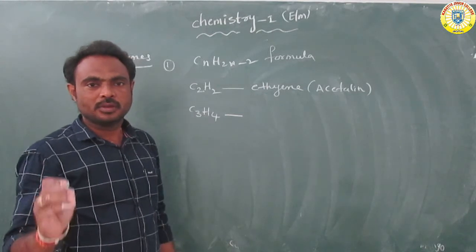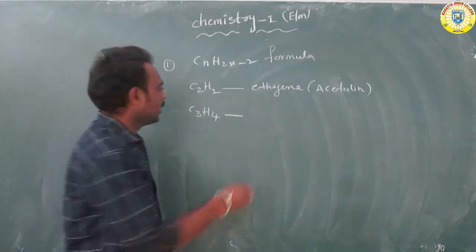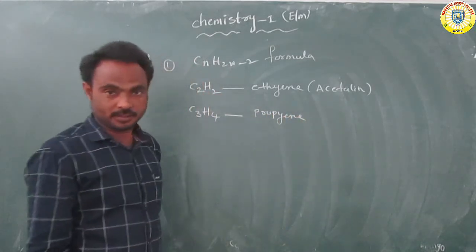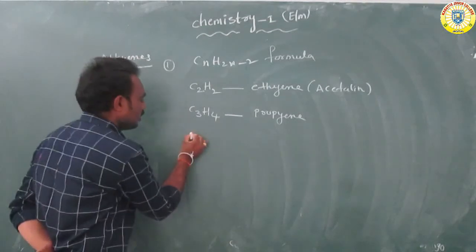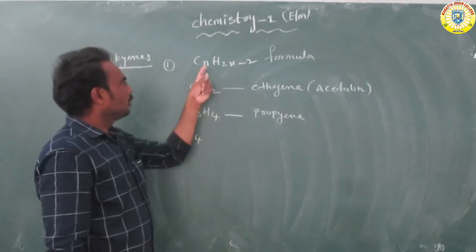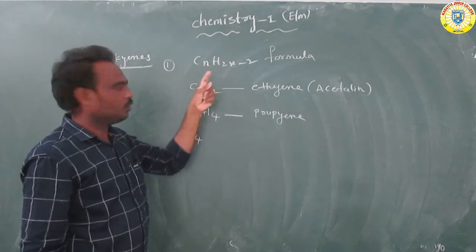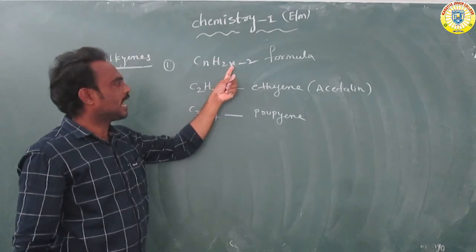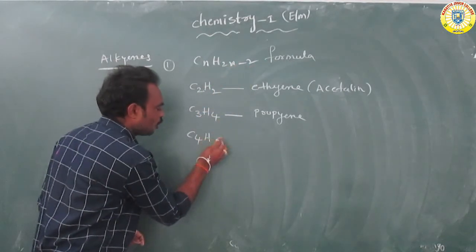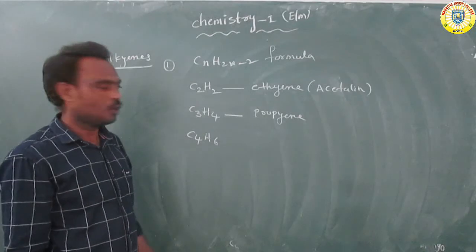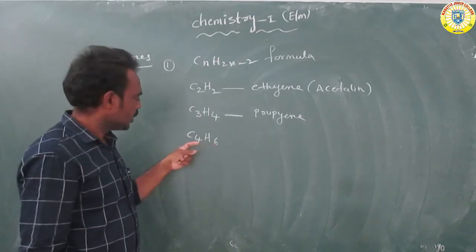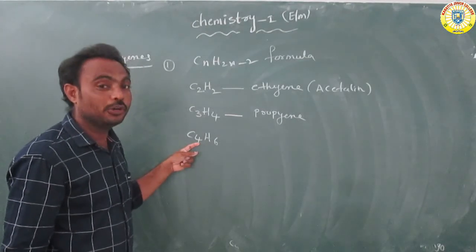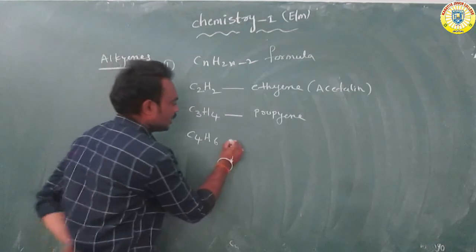So it is propyne. Or suppose we substitute n equal to 4. Then C4, 2 times 4 is 8, minus 2, so C4H6. How many carbons? 4 carbons, so it is butyne.